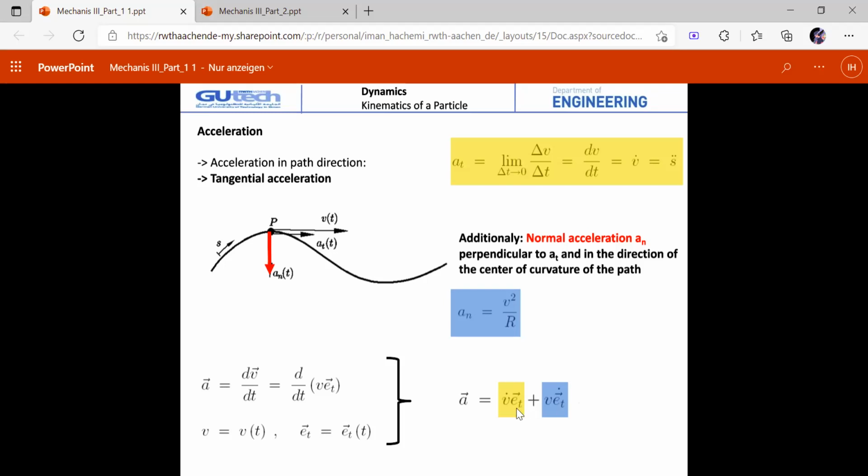Then we have two terms, and you can see the second term in blue color is only the normal acceleration.